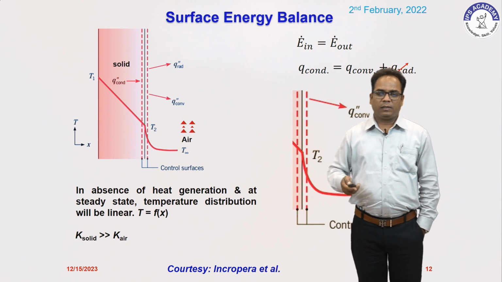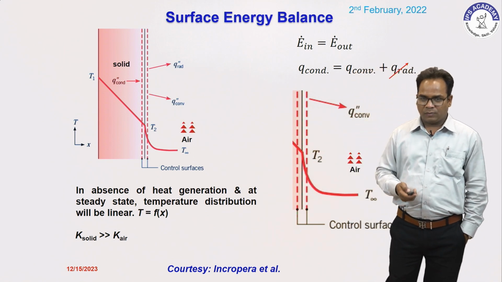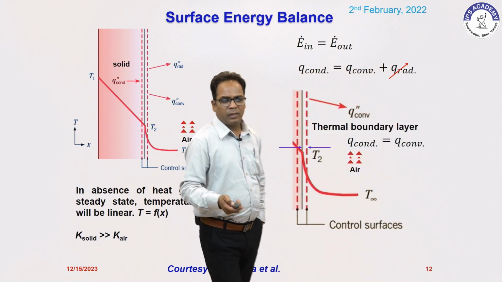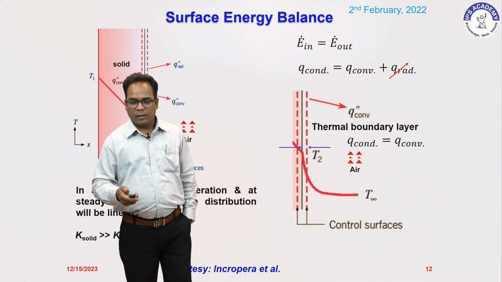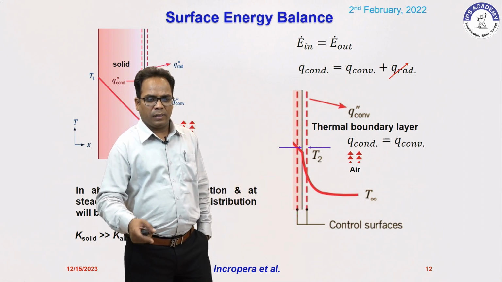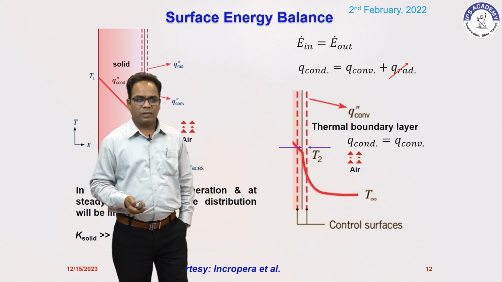So that's why the thermal conductivity varies in fluid and in solid as well. Yeah, so this is the thermal boundary where exactly at the boundary, conductive heat transfer is equal to convective heat transfer, right?